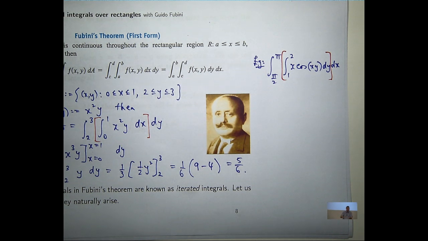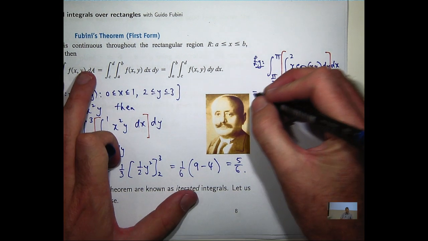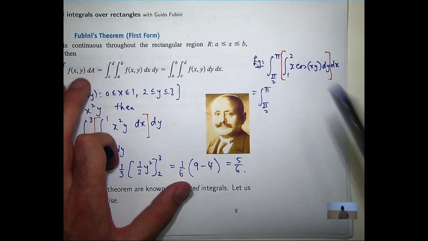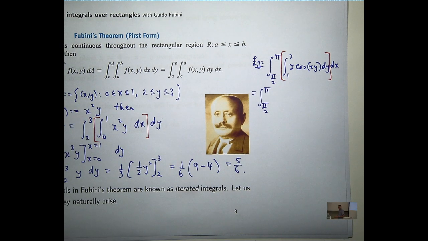Integrate with respect to y. So what's x cos xy going to go to when you integrate with respect to y, holding all the x's fixed? Sorry, what's it going to be? Sin xy, that's right, because the x's are going to cancel.